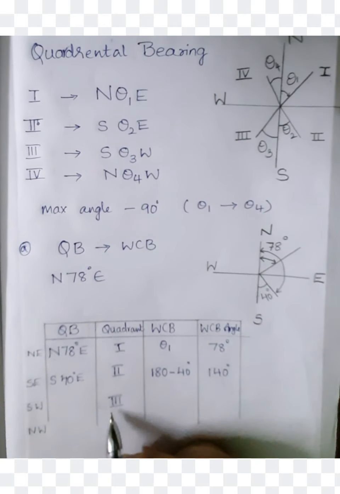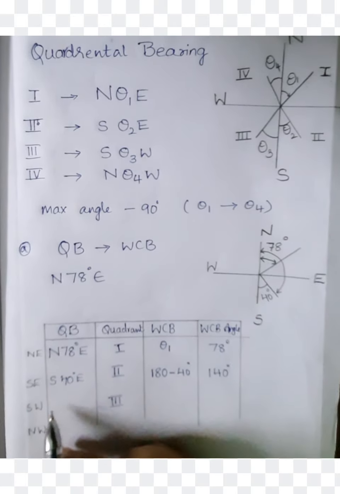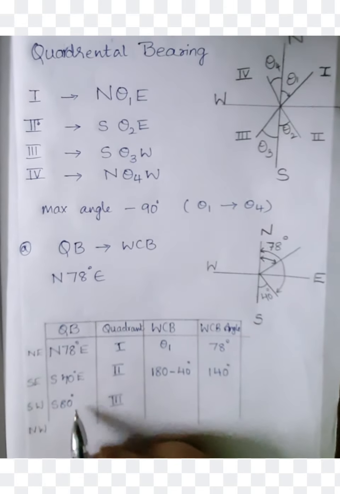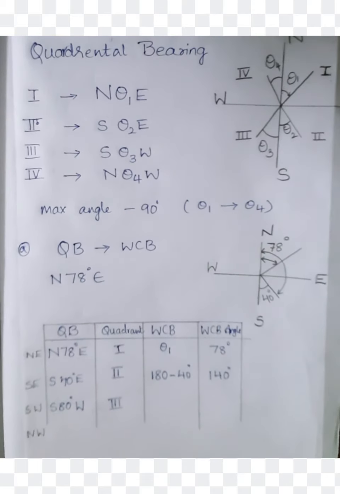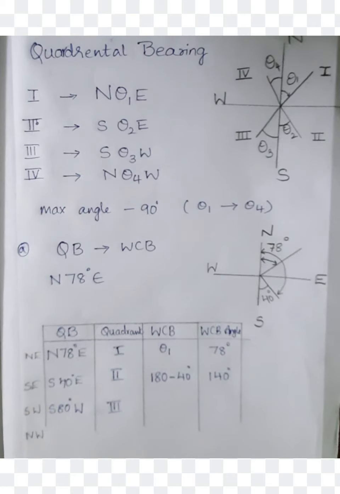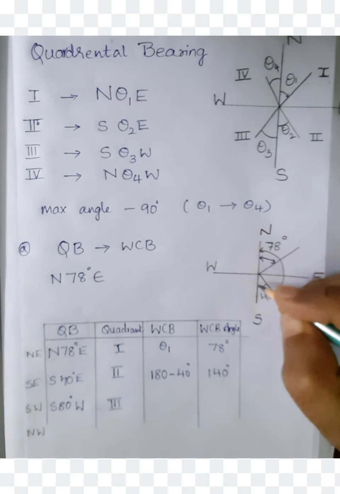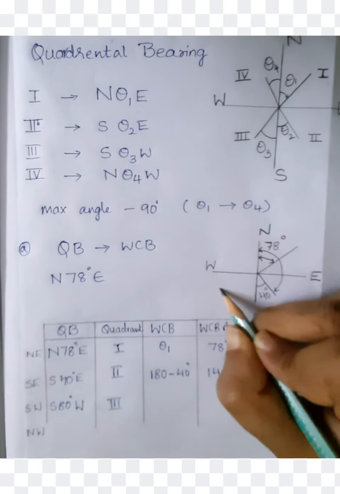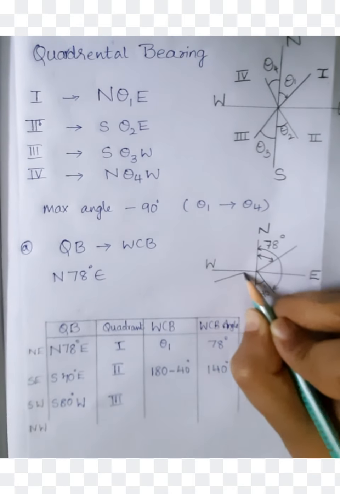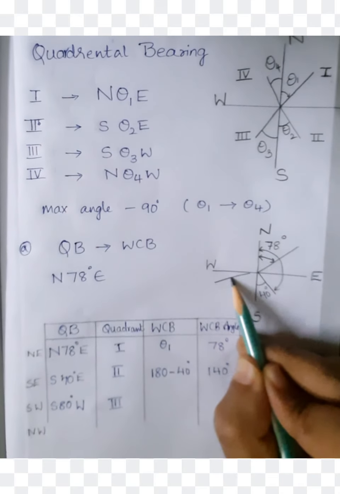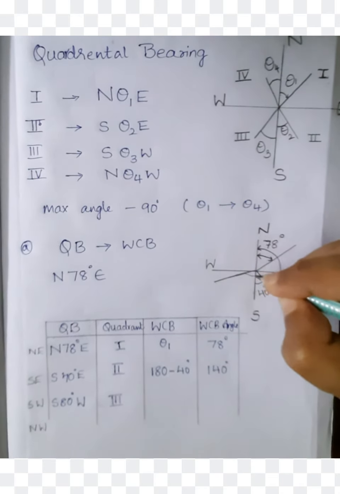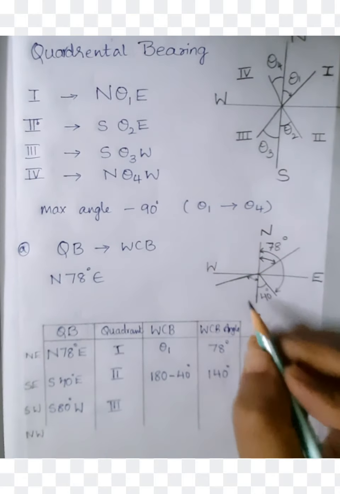The third quadrant means southwest, so I have taken south 80 degrees west. So when you take this 80 degrees, it falls like this, so this is your 80 degrees.